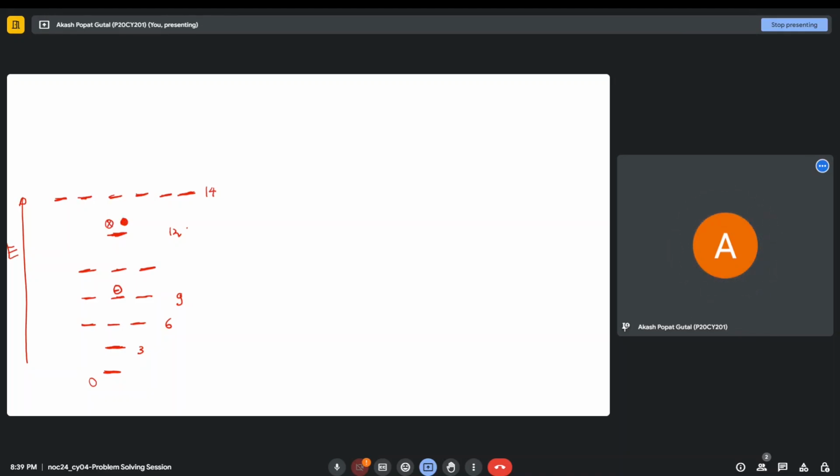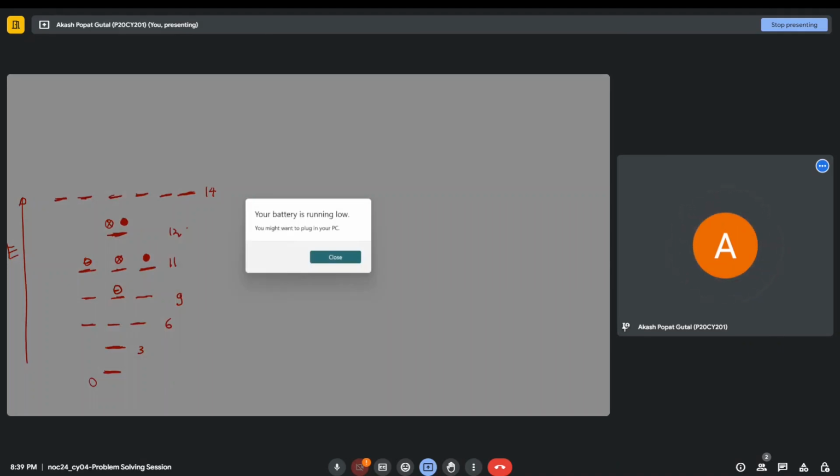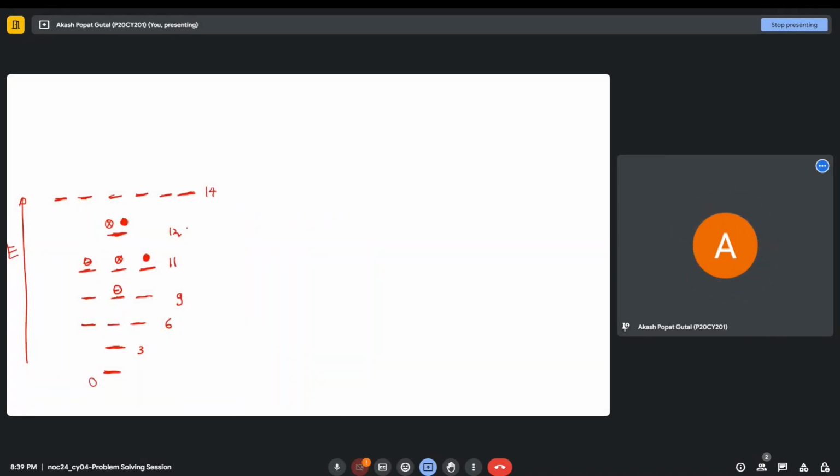This is the first combination, and the second one is all the particles at 11 unit value. Okay, these are the only two combinations possible for 33 units of energy.